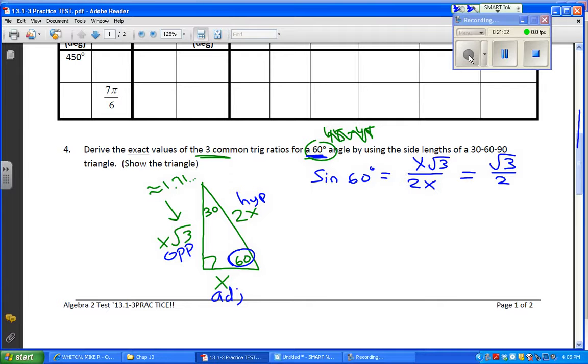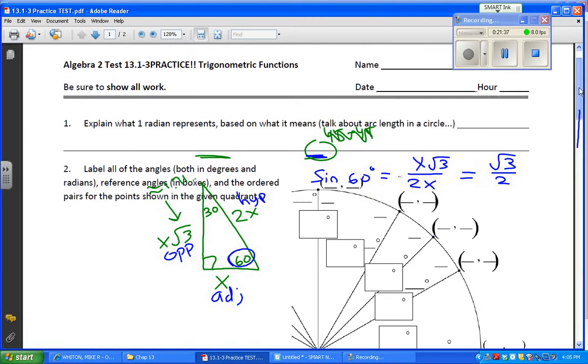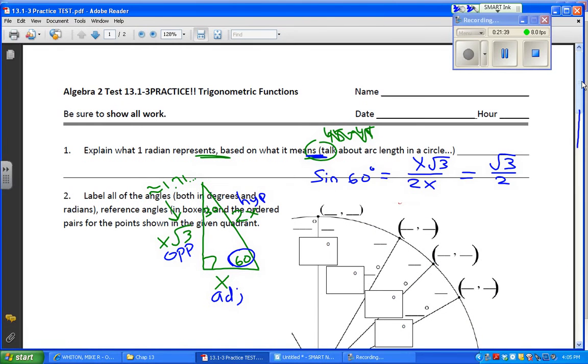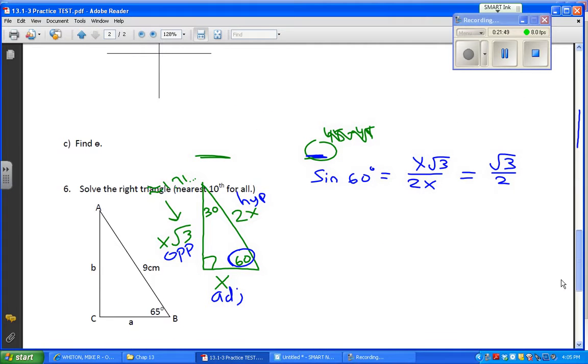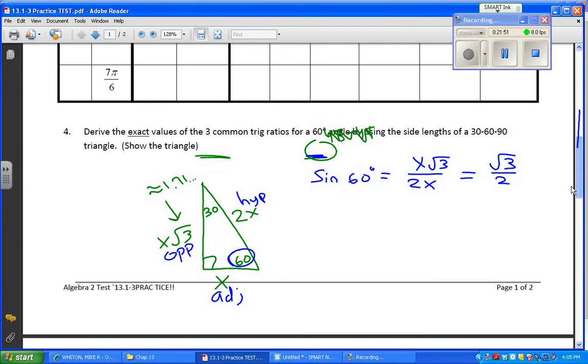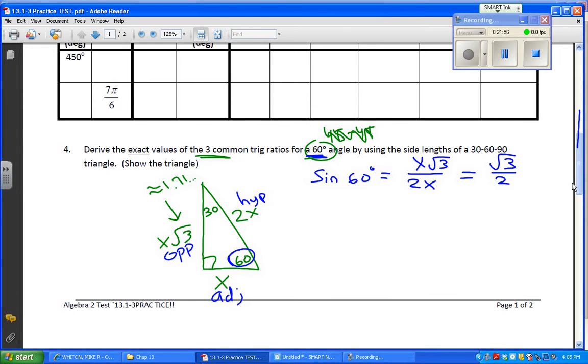Okay, so again, let me just kind of connect the dots here. In the unit circle, the 60 degrees, what we just found would be the y value up there. That's the sine of 60. All right, the cosine of 60 degrees is going to be the adjacent over the hypotenuse.